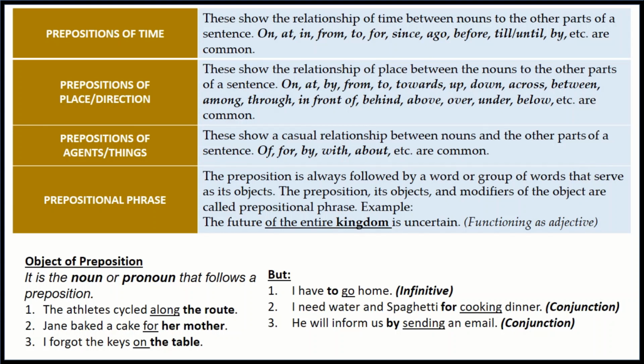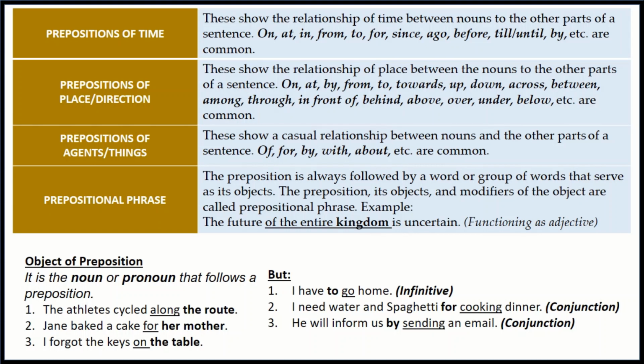But there is one thing that you should know in order to find the difference between prepositions. The examples that I have shared with you with regards to prepositions, all of them are not compulsory prepositions.